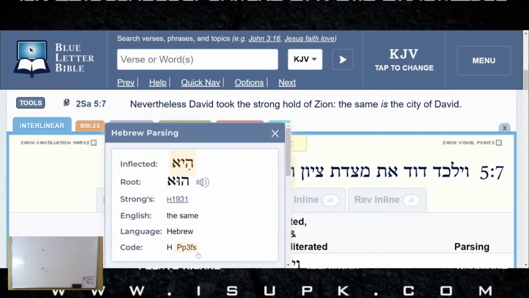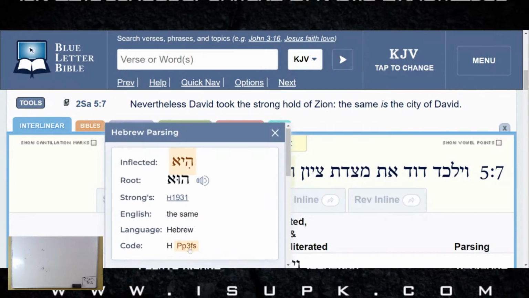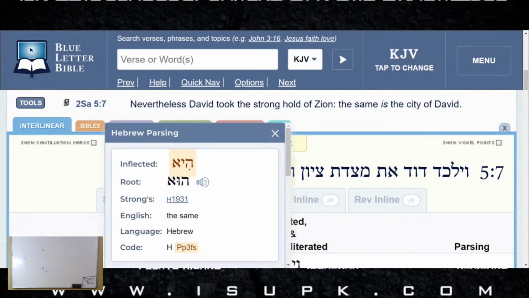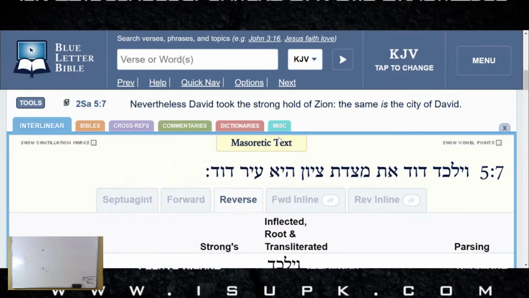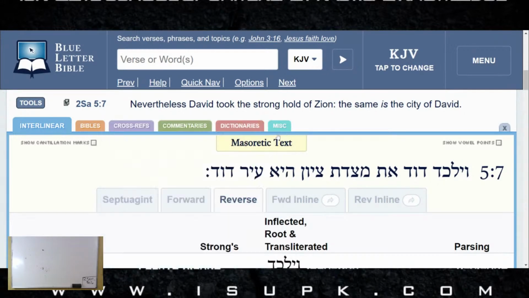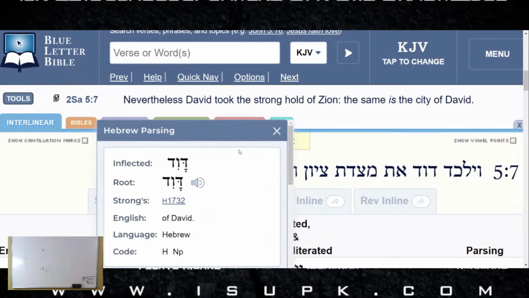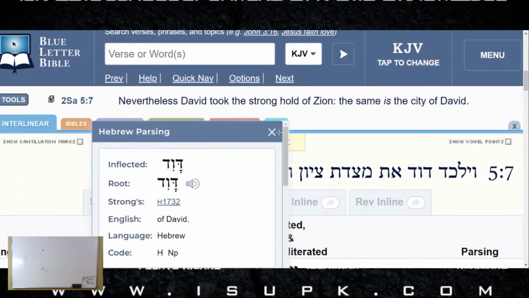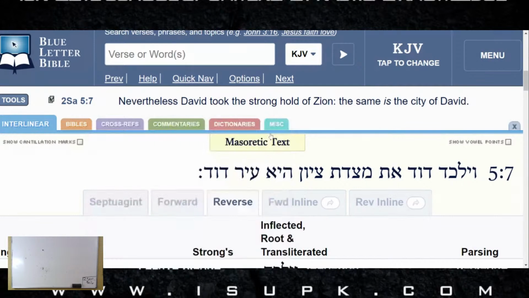And you can see it here: third person feminine singular, she. So the same is the city, the same is the city of David. David took the land that they thought he couldn't take. And that was Jerusalem.